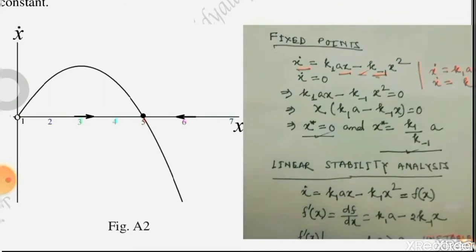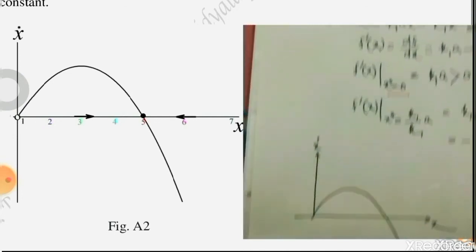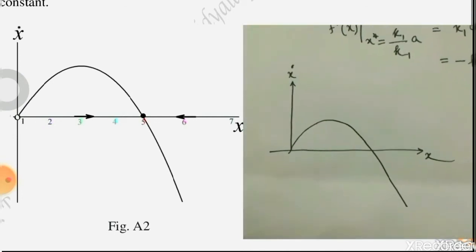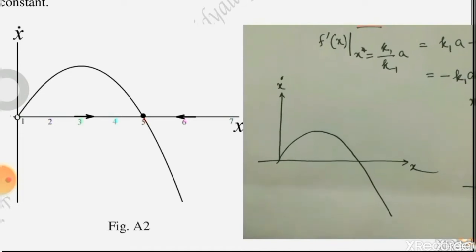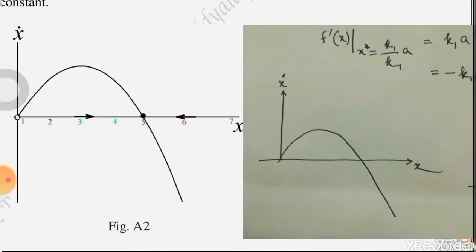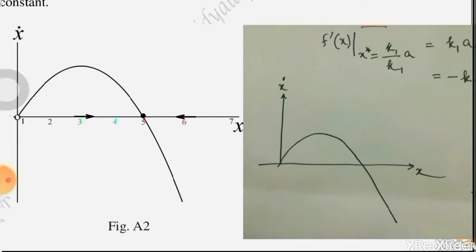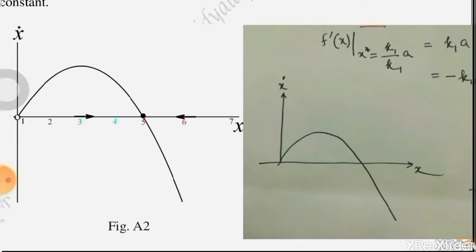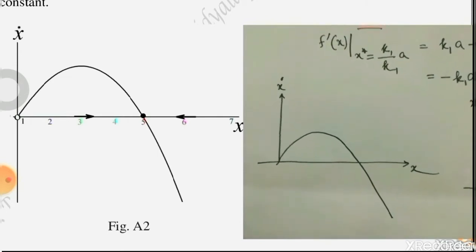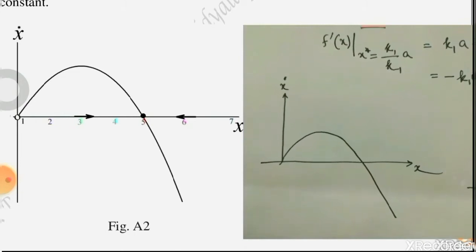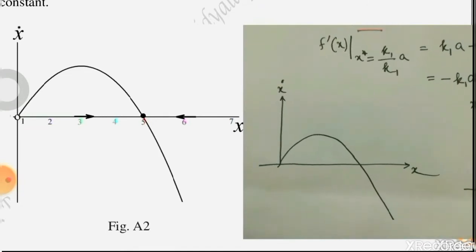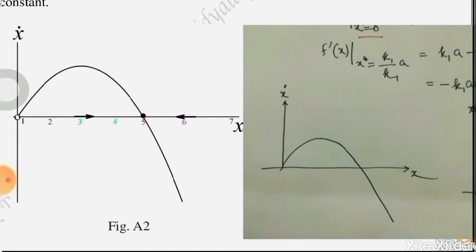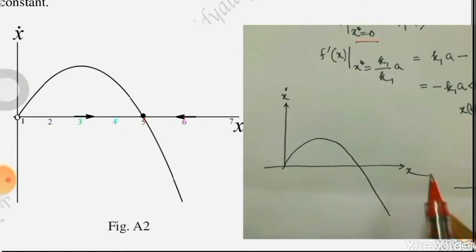From this phase diagram we will explain the variation of concentration of the molecules X with respect to time, that is how the concentration of X molecule increases with time in an autocatalysis process.